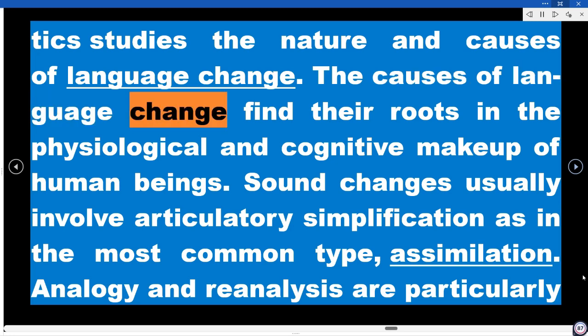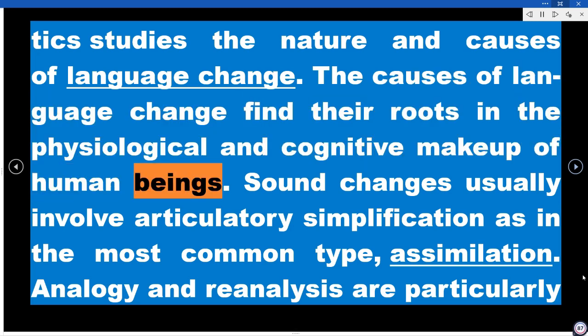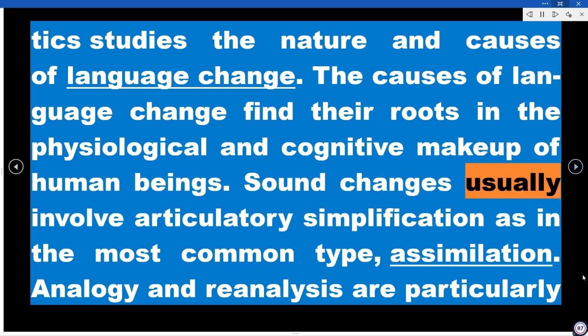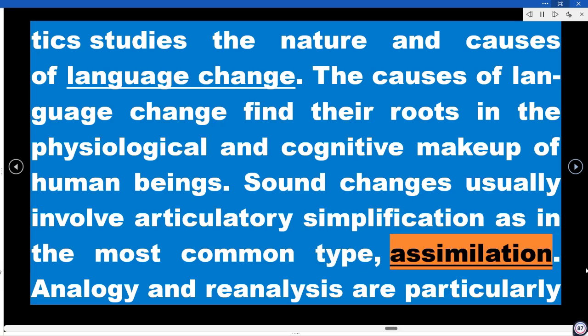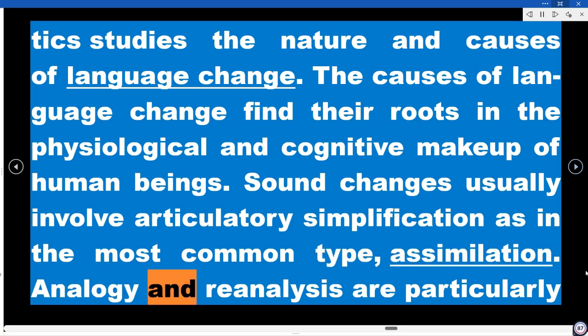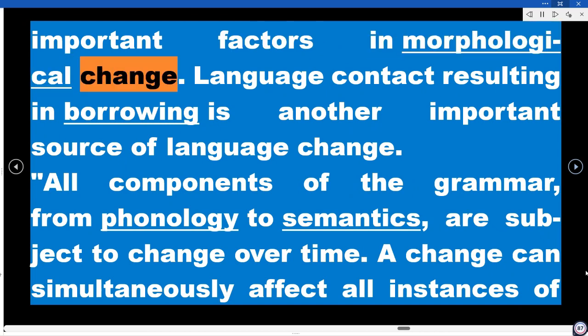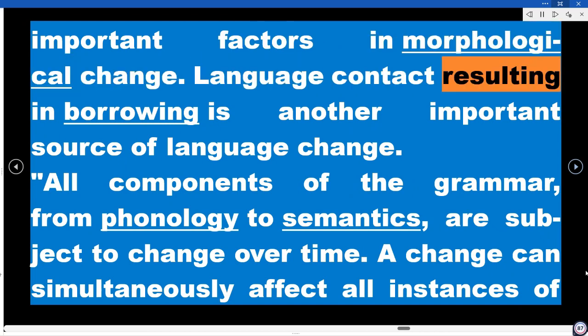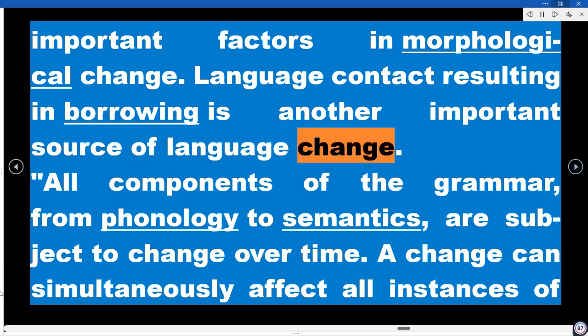The causes of language change find their roots in the physiological and cognitive makeup of human beings. Sound changes usually involve articulatory simplification as in the most common type, assimilation. Analogy and reanalysis are particularly important factors in morphological change. Language contact resulting in borrowing is another important source of language change.